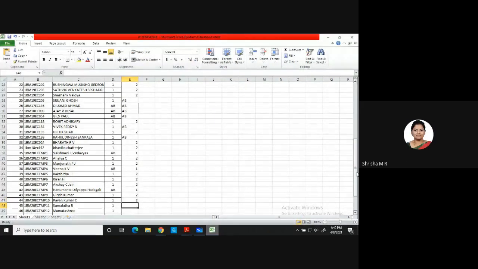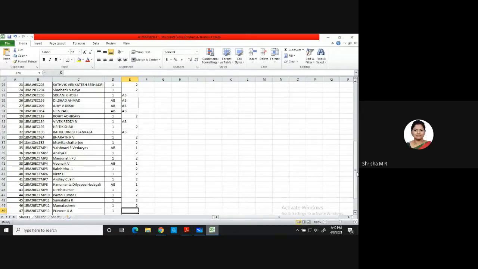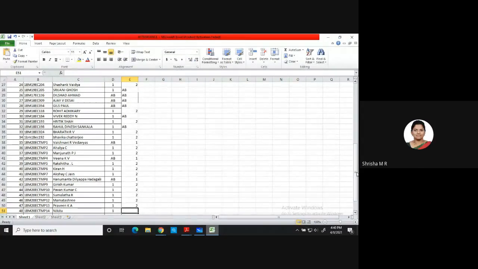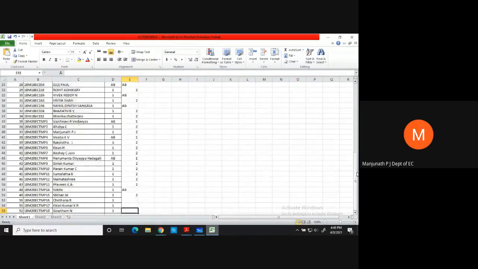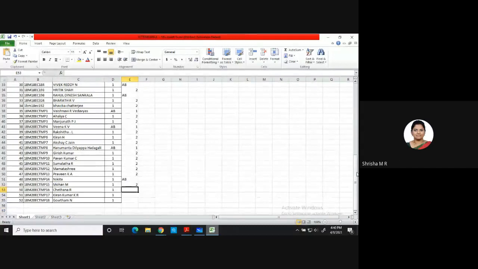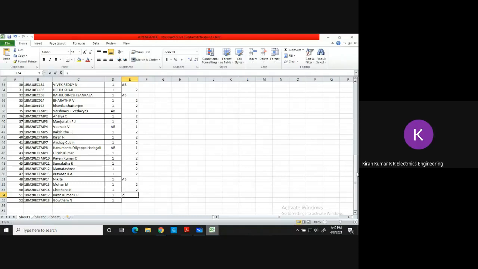Sumalata, present, ma'am. Mamata Shri, present, ma'am. Praveen, present, ma'am. Nikita. Mohan, present, ma'am. Chetana, present. Kiran Kumar, present, ma'am. Gautam, present, ma'am.